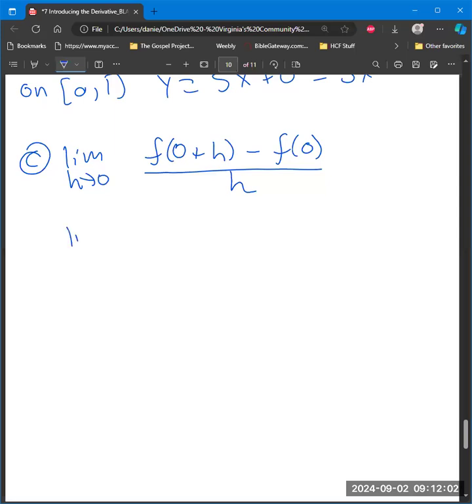And that is the limit as h approaches 0 of f of h minus f of 0 over h.